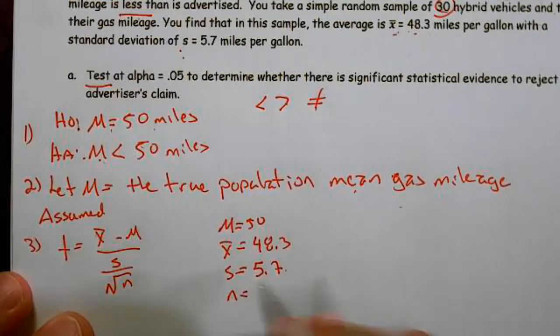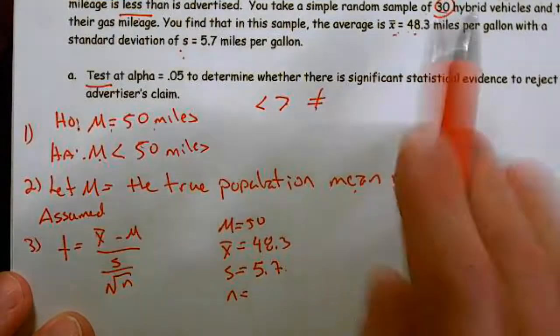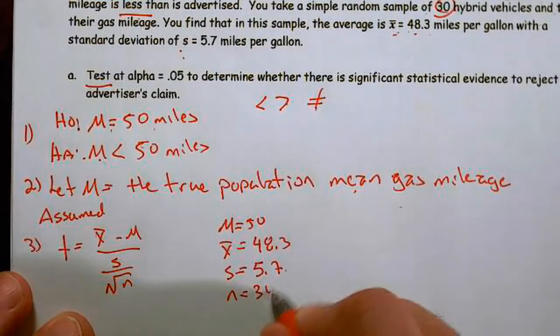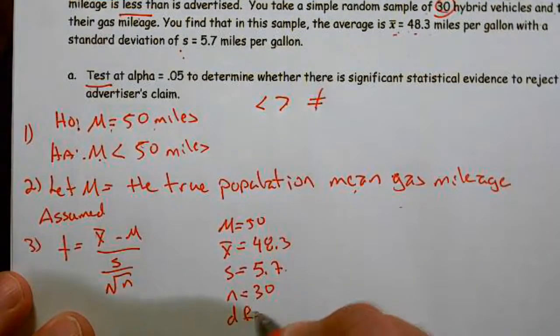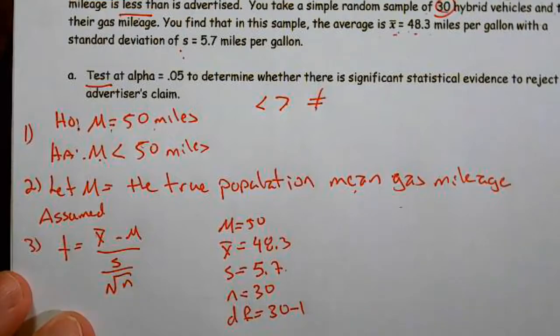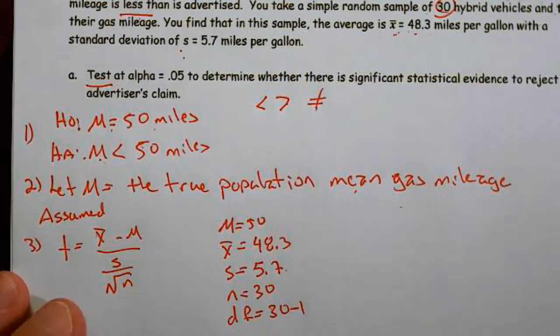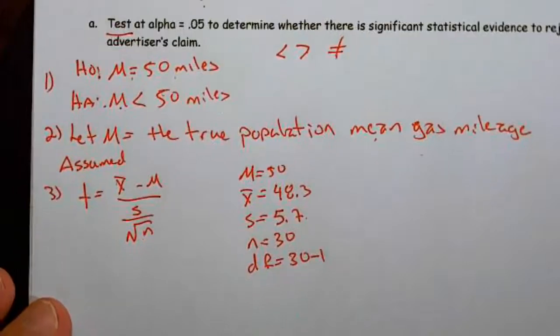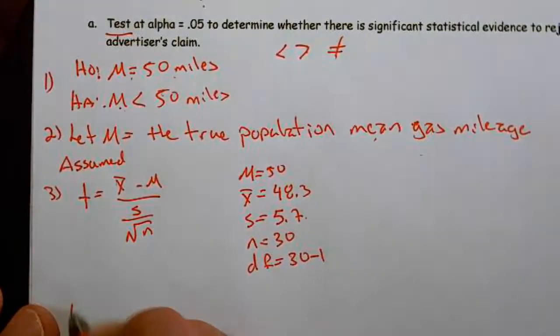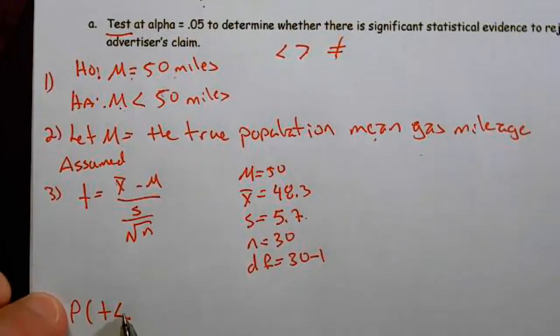n, how many cars were there? They tested 30. Not that I need it for this one, but I'm going to go ahead and write it down anyway because it's good practice. Degrees of freedom is 30 minus 1. All right, so I'm going to plug into the equation: probability that t is less than. How did I know it was less than?